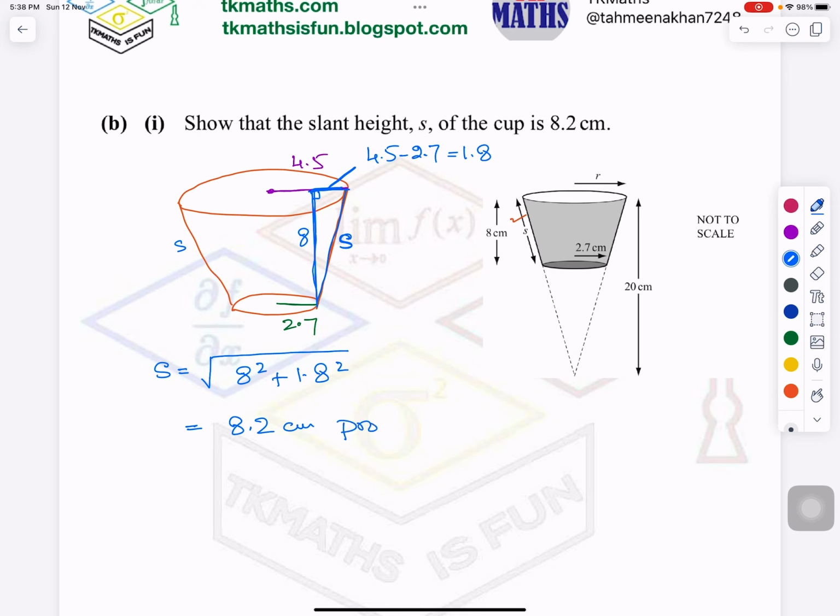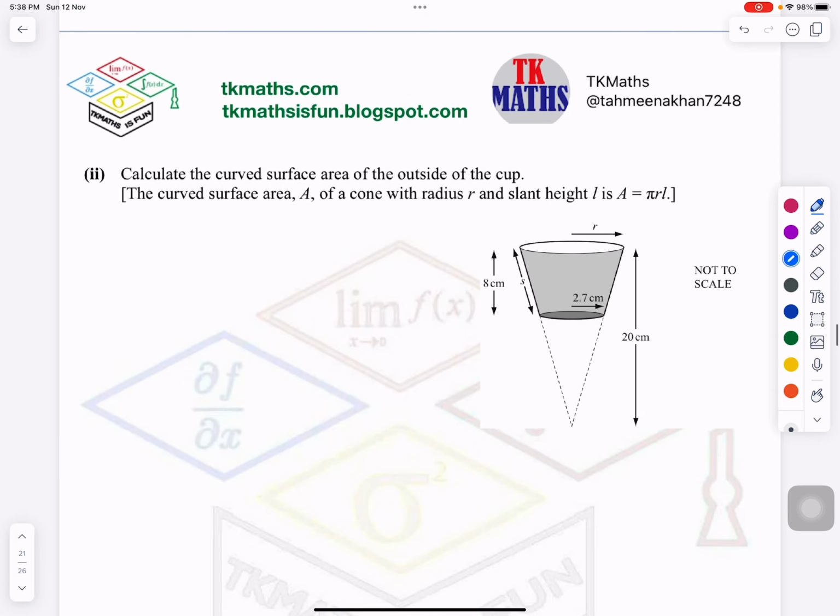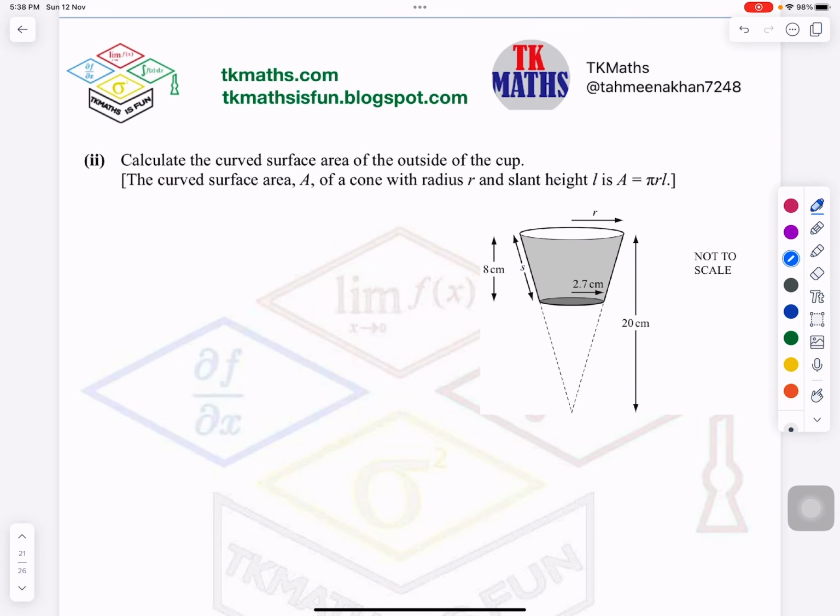So this is proved. Now the next part, I hope it is clear to you, you understood. Now next part of the question, which is about calculate the curved surface area of the outside of the cone. So again, this is my cup, okay, the top part, and I have to calculate the area around it. Again, I will use the concept of the bigger cone and a smaller cone, right?